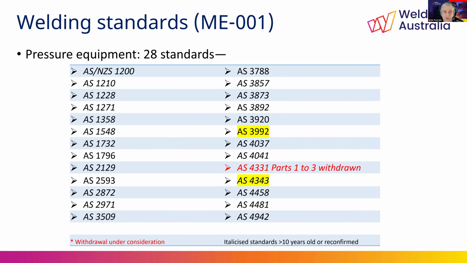Weld Australia has also been asked to consider leading a revision of AS 4458, and I can confirm that a working group has held a number of meetings and the drafting process is well advanced.